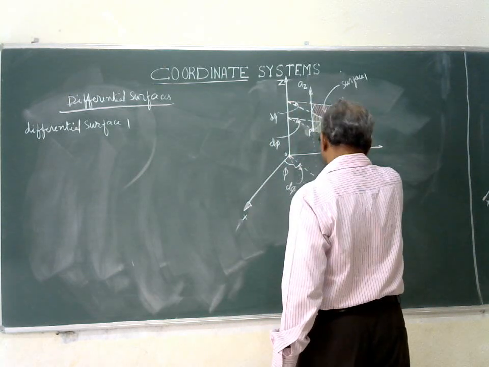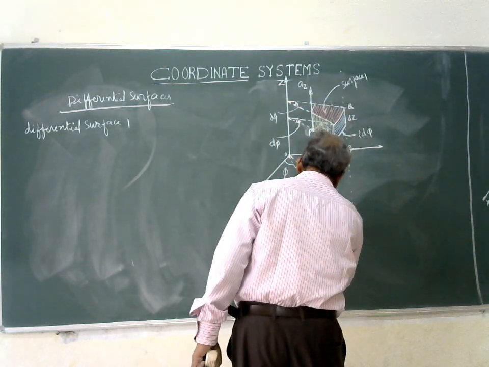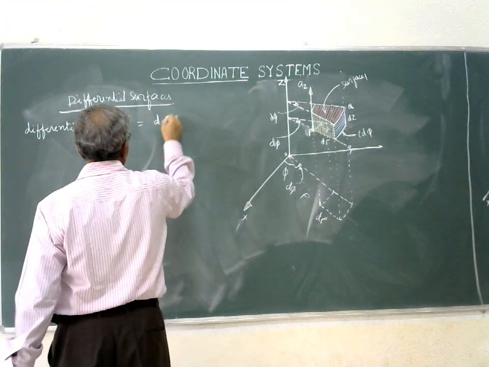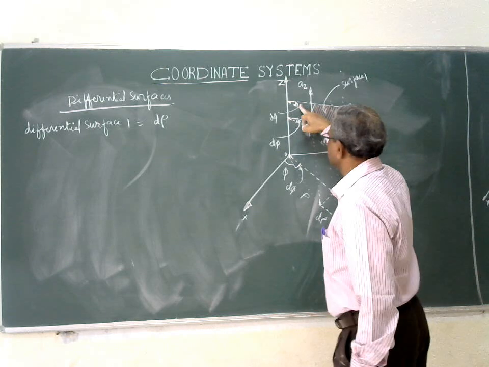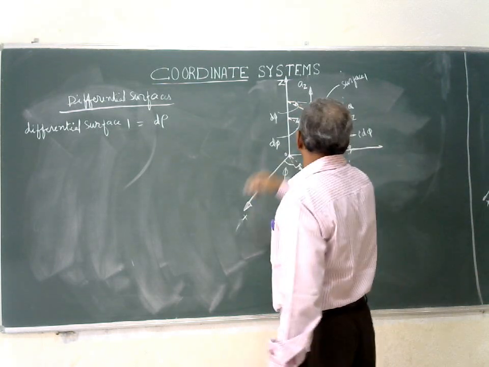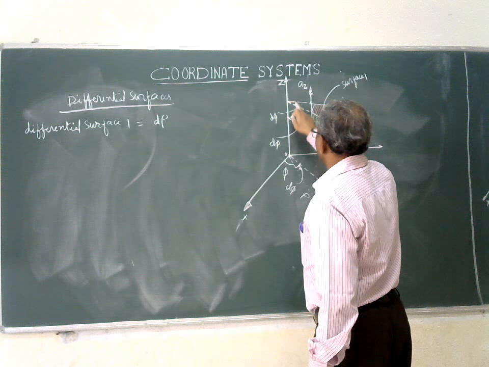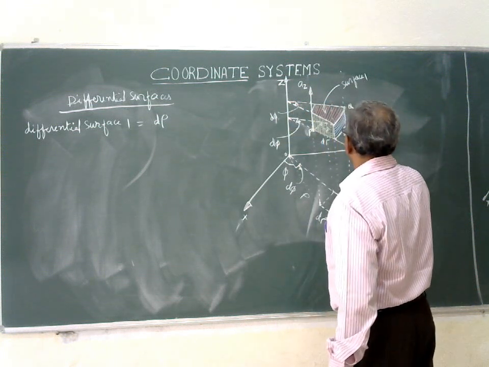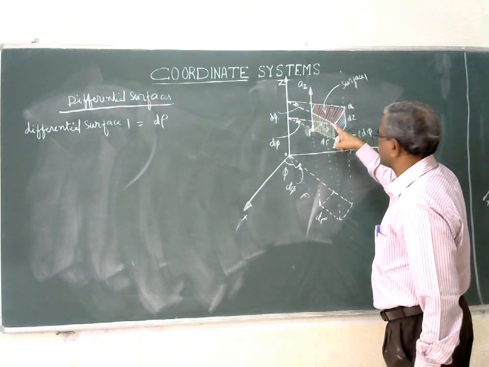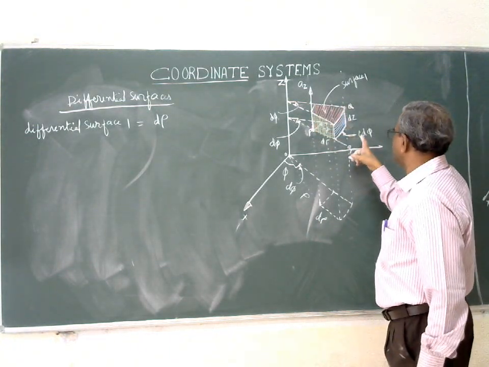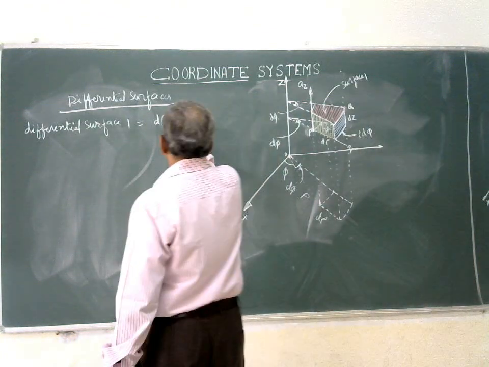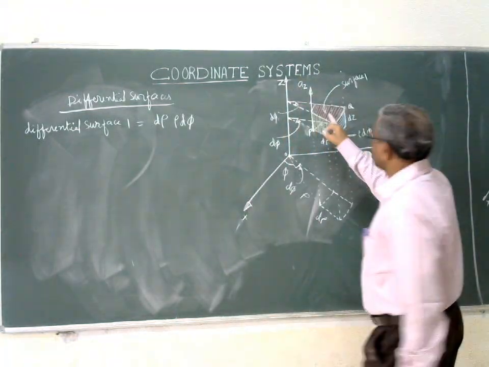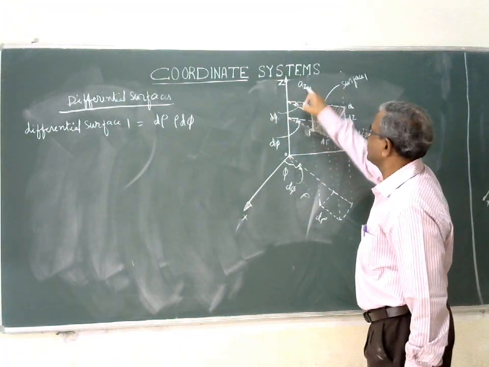This length is d rho. And the other length: the angle is d phi, and this one is rho d phi. So this length into this length, d rho into rho d phi. And what is the unit vector normal to this one? a z.